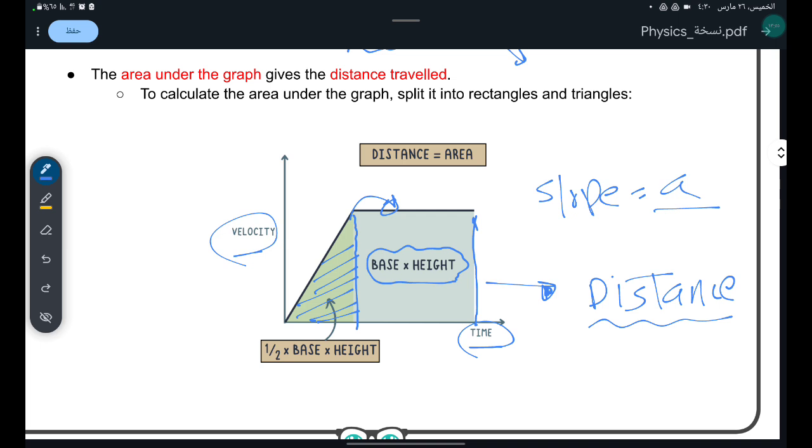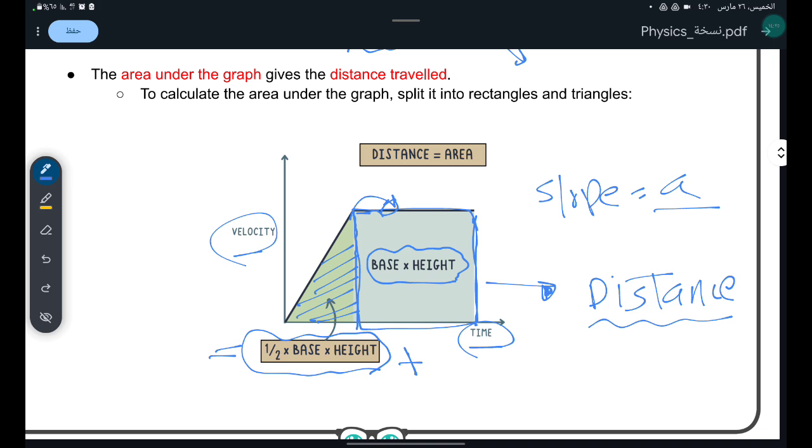The area of the triangle equals half times the base times the height, plus the area of this shape, the square, which equals base times height.